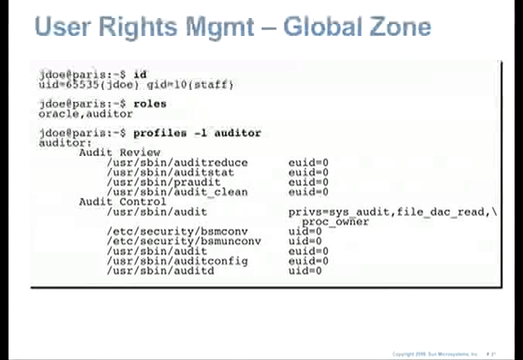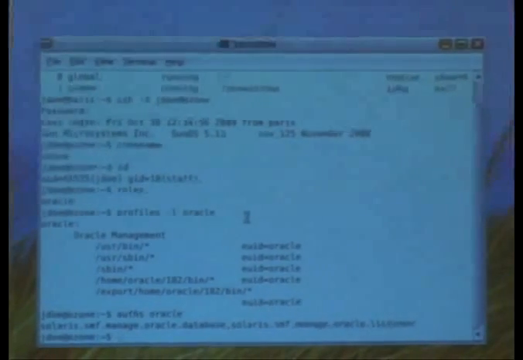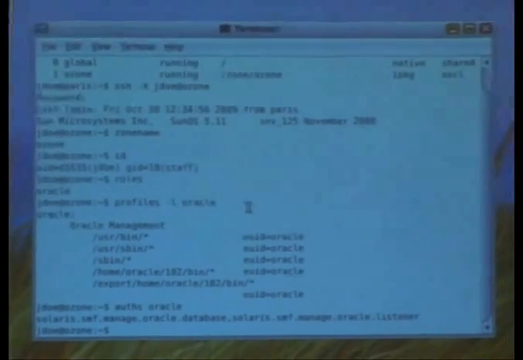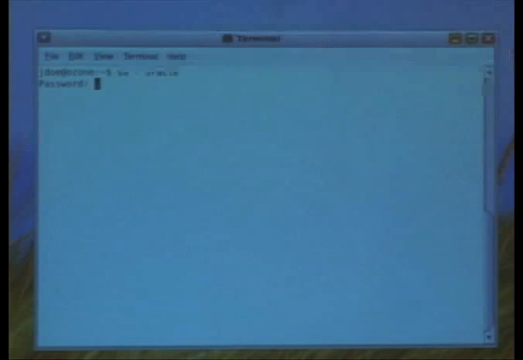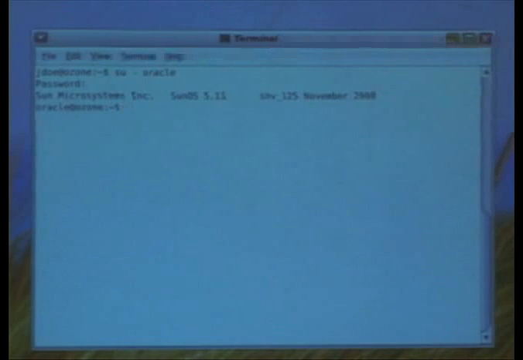So here I'm going to show now basically the answer to your question, Brian, from a minute ago. Let's go into the demo here for slide number 25. I'm back in the non-global zone. First I'm going to assume the Oracle role. Good. Now we're logged in under role Oracle.